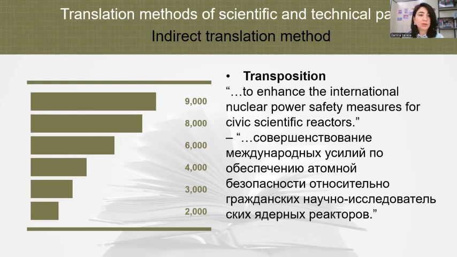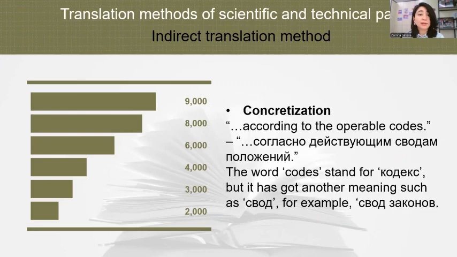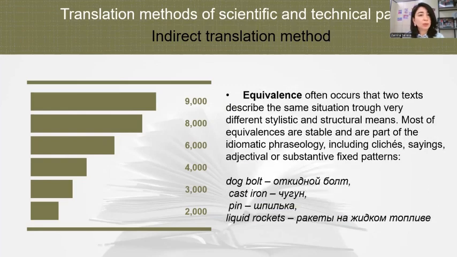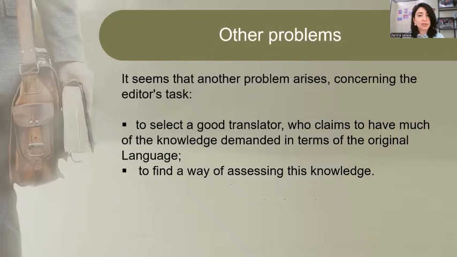We have a variety of indirect translation methods, and the first and proper one that you could implement during your scientific technical translation is transposition. We could also use modulation, concretization, equivalent translation, compensation, and adaptation.